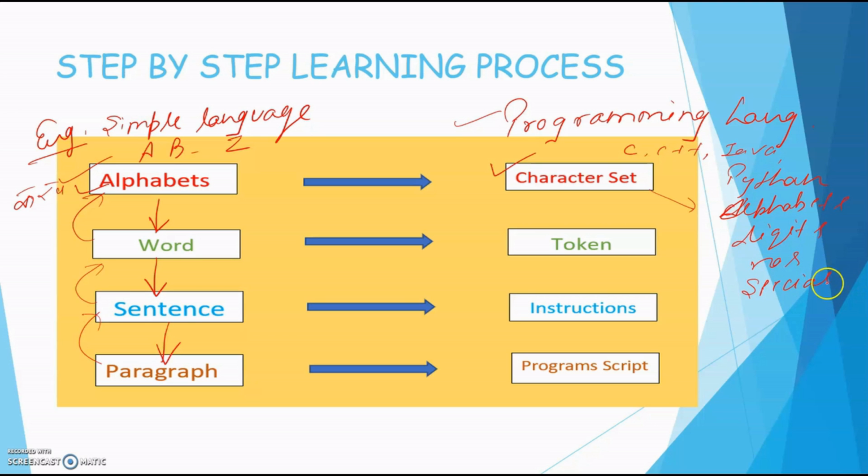And after that, you will learn how to form a token. A token is similar to a word in a programming language. We will discuss it in the upcoming slides.